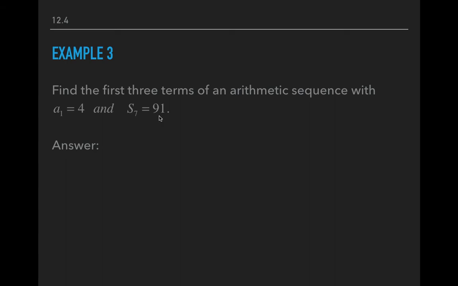Okay, now this might seem crazy. How am I going to find my next 2 terms if I don't know my difference? That's really what we need, right? It's an arithmetic sequence, but I don't know the difference between my first and my second and my second and my third. That's what we need to find. So we're going to use our formula to find a series and solve for d.